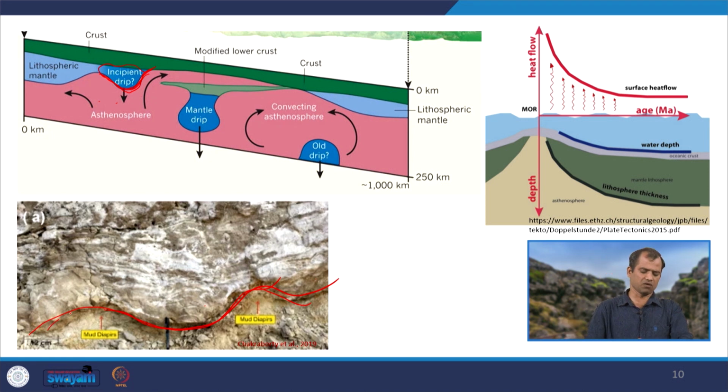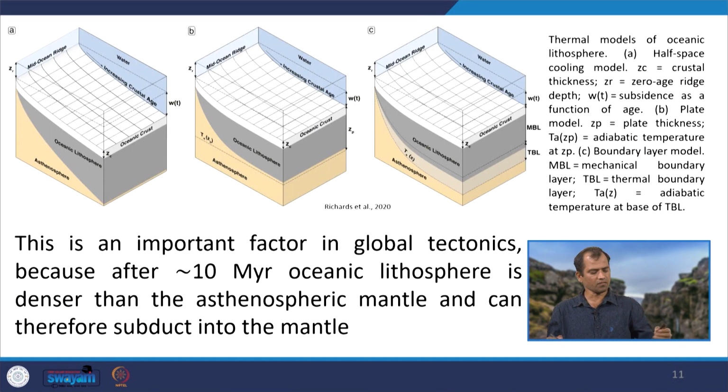So, this is the boundary that can be seen. This is analogous to that. Due to high density, this part of the lithosphere is pushing inside the asthenosphere. This is an important factor for global tectonics, because after 10 million years, the oceanic lithosphere is denser than the asthenospheric mantle and can therefore subduct into this mantle.